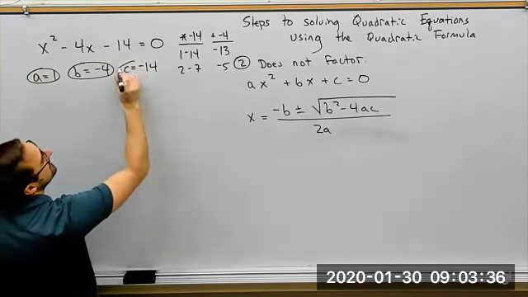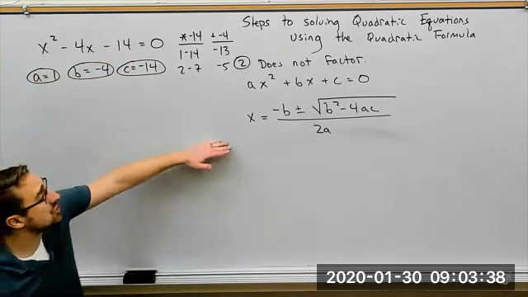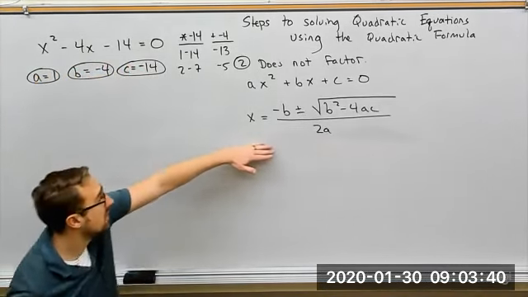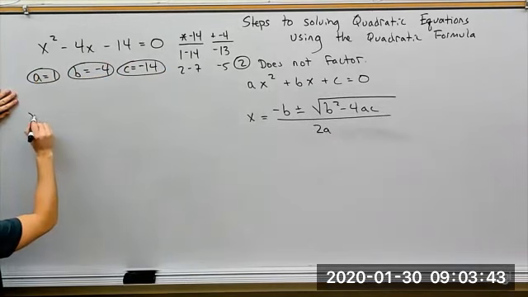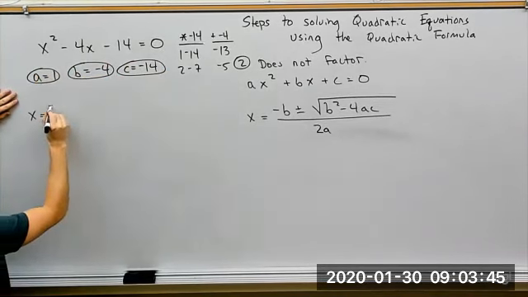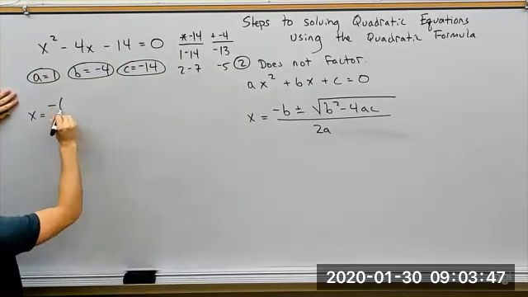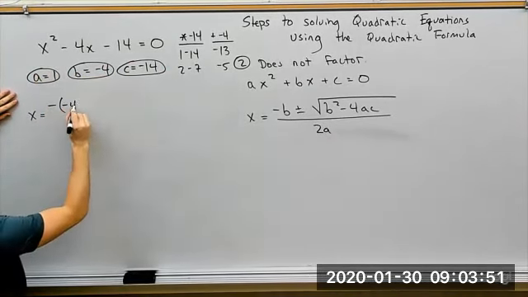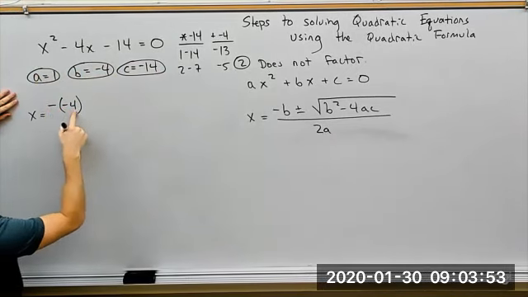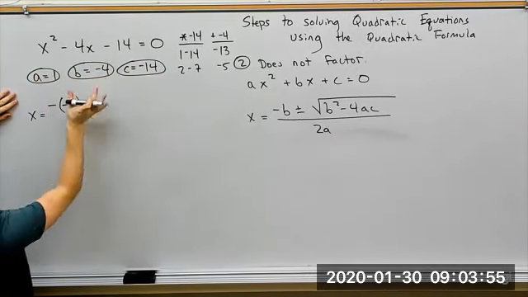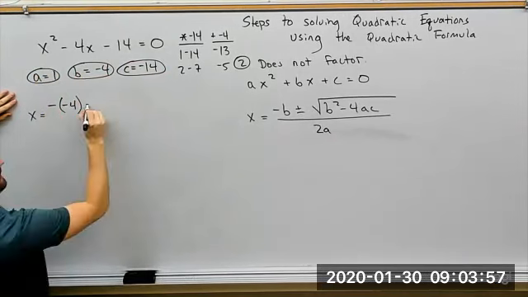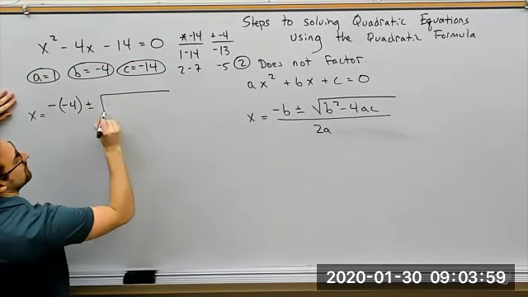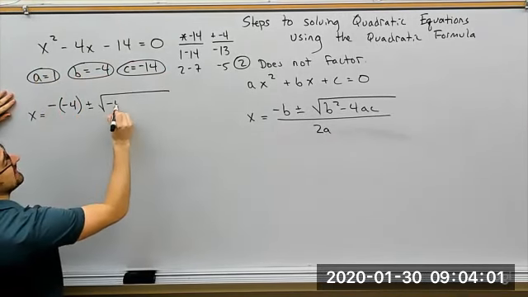Always good to write them out because now we're just substituting in here. Everywhere we see B. So we see a B first. I see a negative sign, you write the negative sign. See a B, use parentheses when substituting. So negative 4. Use parentheses so that you don't make any mistakes. Plus or minus the square root. B squared, B is negative 4.